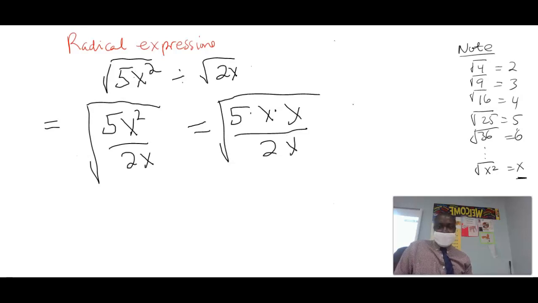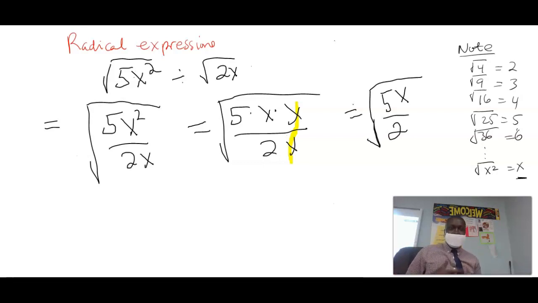Any number divided by itself is 1, so that will turn into 1, leaving us with 5x up here and 2 here, and all square root. That's how low we can go, because the 5 and 2 are rational numbers, and that's it.